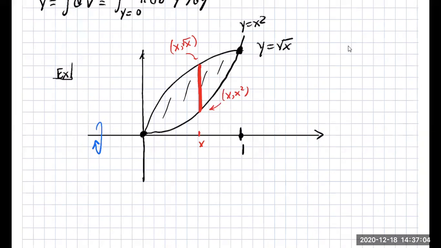In this case, the axis is the x-axis, okay? And its thickness is going to be dx, okay? Let's actually draw the shape, though. I think you probably see it right away. There's going to be a hole in it. Okay, and so we're going to have a washer again.